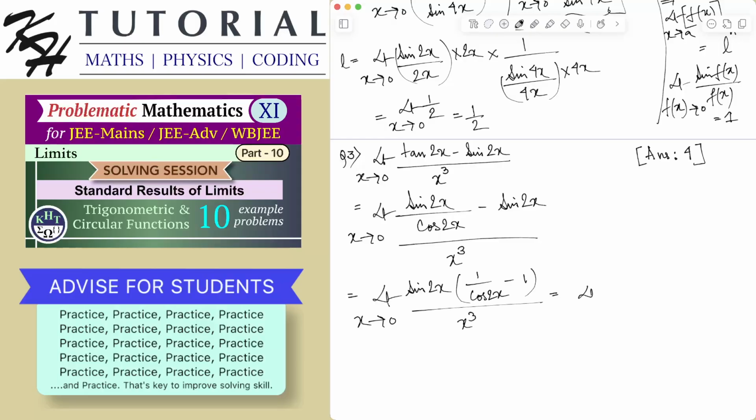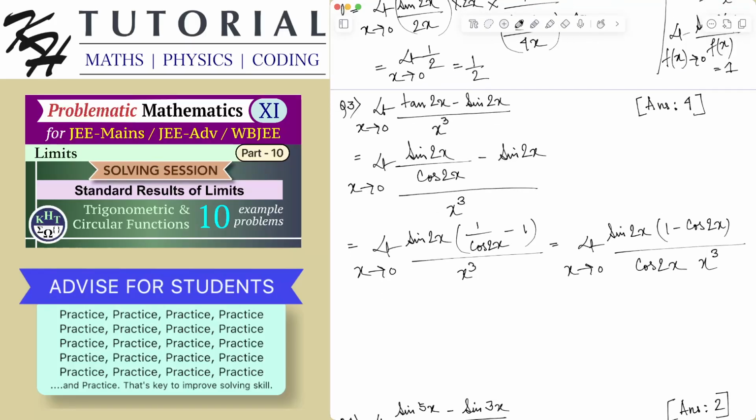This is equal to limit x tending to 0 of sin 2x times 1 minus cos 2x divided by cos 2x multiplied by x cube. Now cos 2x won't be a problem, because when x tends to 0, cos 2x tends to cos 0, which is equal to 1.